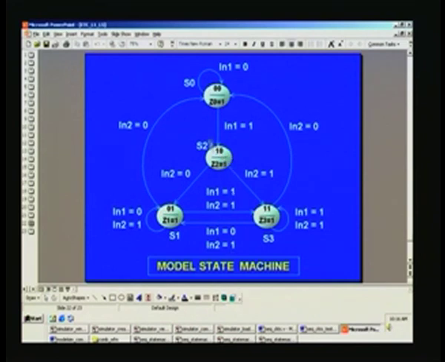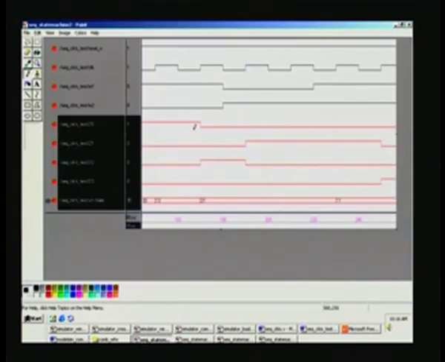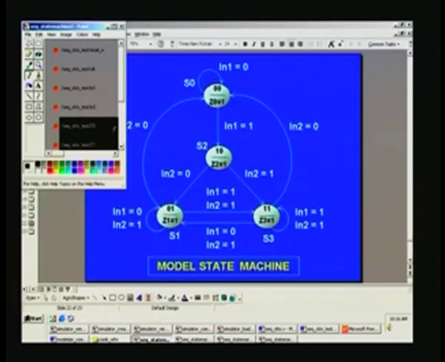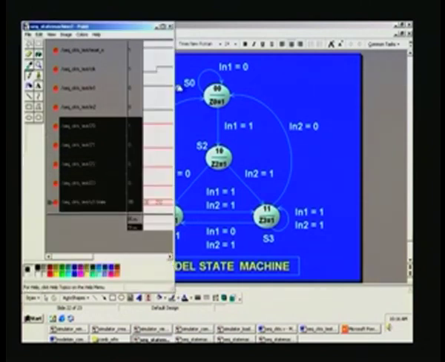If in the S2 state in2 is 0, it will take you to the S1 state, otherwise it will take you to the S3 state, just remember, because I think it is better if you compare the two slightly. This may be pretty difficult to remember.